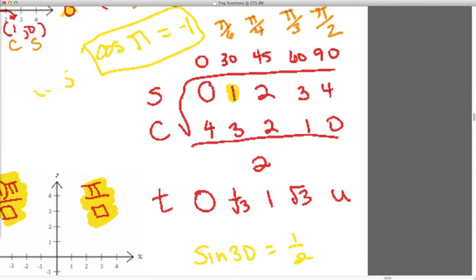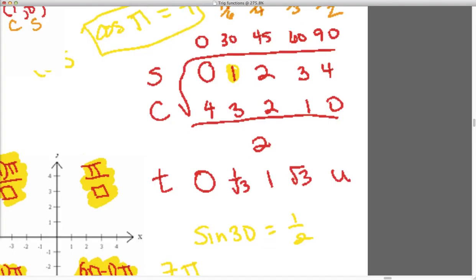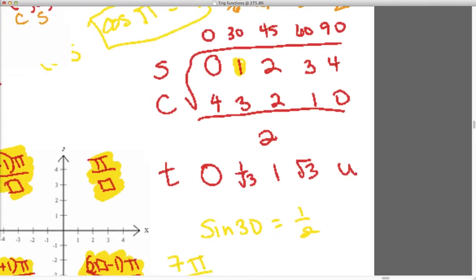Let's look at the cosine of that same angle, 30. Let's use a different color so you can actually see it. Cosine of 30, you come over here to 30 degrees, come down to cosine, that's a 3. So it would be the square root of 3 divided by 2. Okay, and tangent is pretty self-explanatory.